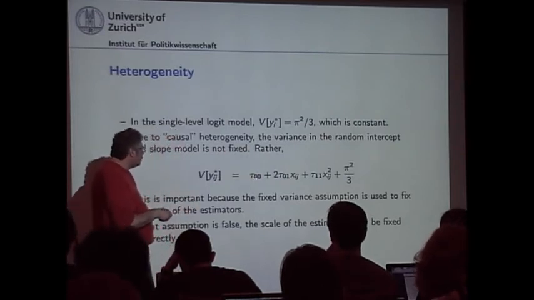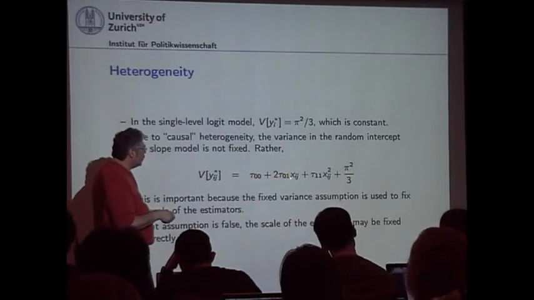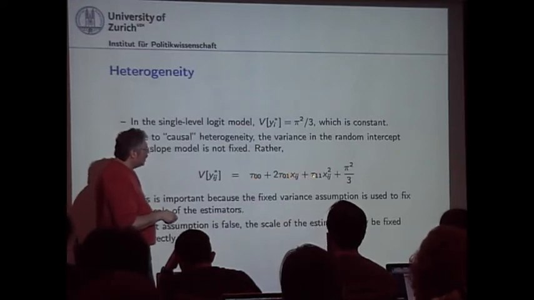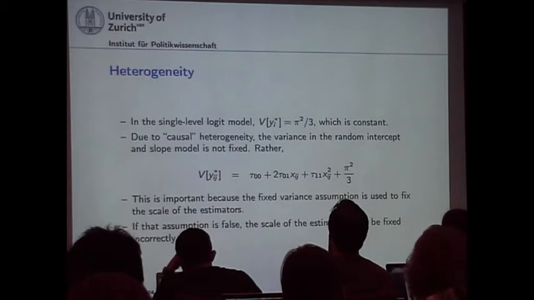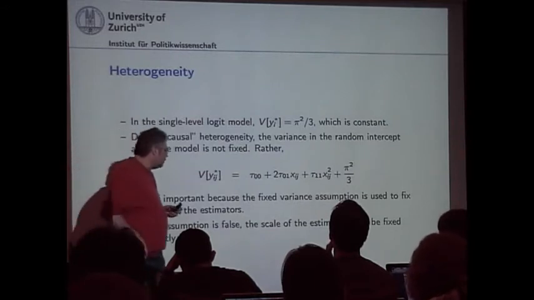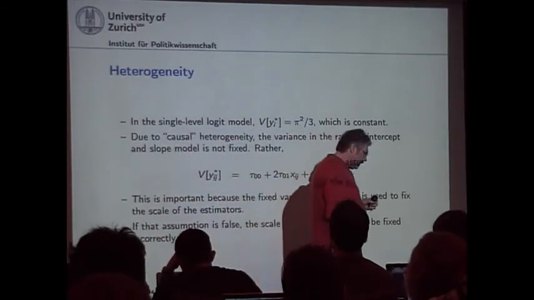It's equal to tau 0 plus 2 tau 1 xij plus tau 1 xij squared plus pi square over 3. Well, why is this so significant? This is important because the fixed variance assumption is used to fix the scale of the estimators. And if that assumption is wrong, the scale of the estimators may be fixed incorrectly.